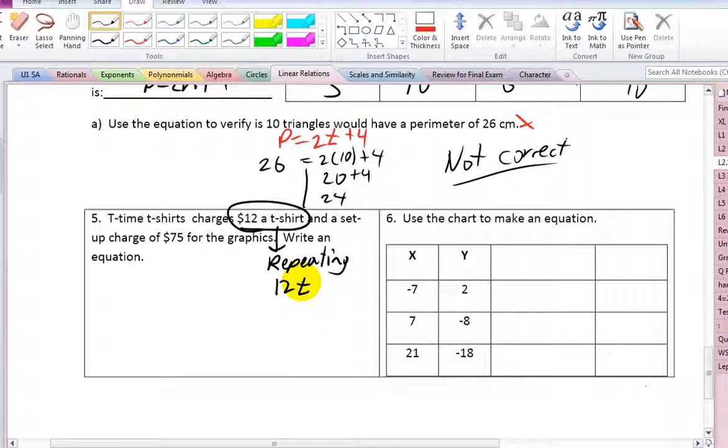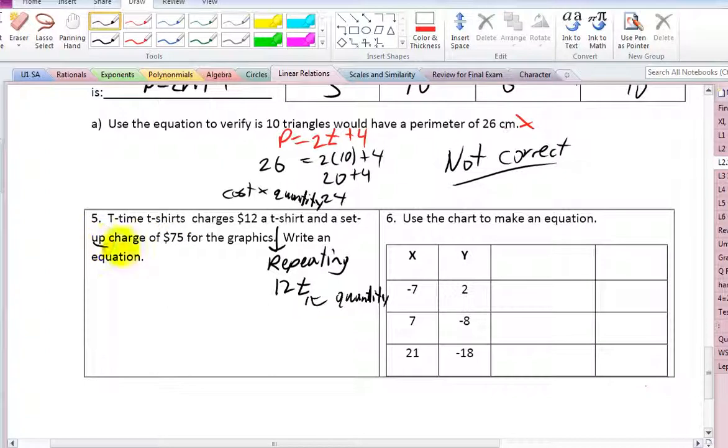Cost times the quantity. You do that all the time. It doesn't change for word problems. Okay? So it's cost times the quantity. We just didn't know the quantity. So for us, we have to use the letter T for our quantity.